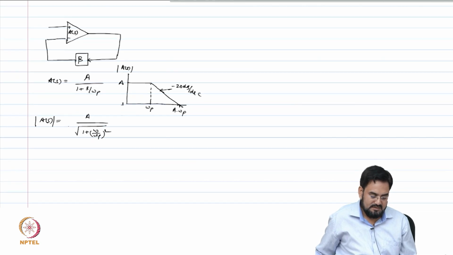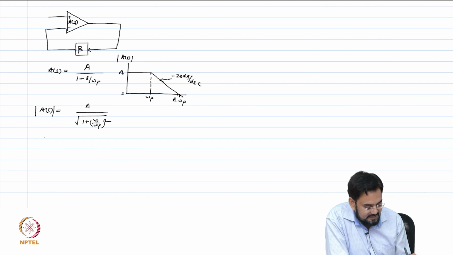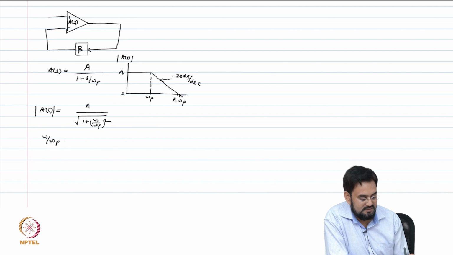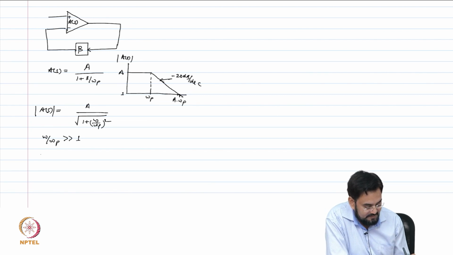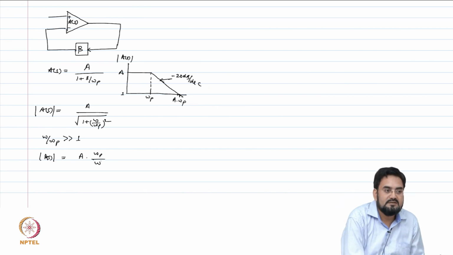Correct. So the assumption in the Bode plot is that omega over omega p is much larger than 1. Correct. So what would happen? The magnitude of A(s) will become A times omega p over omega.